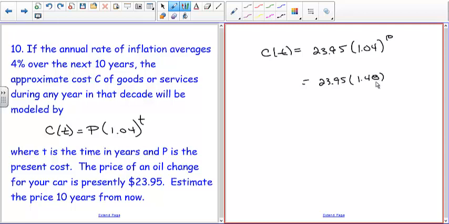So it's going to cost almost 50% more in 10 years. So you get $35.45. So that's C of 10. That's C of T, where T is the number of years. Okay, so that was pretty easy.